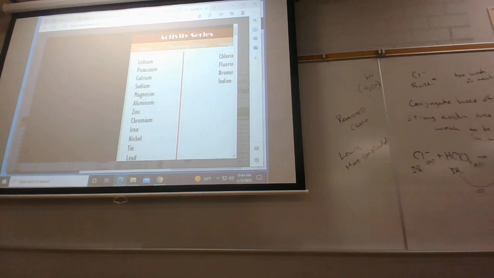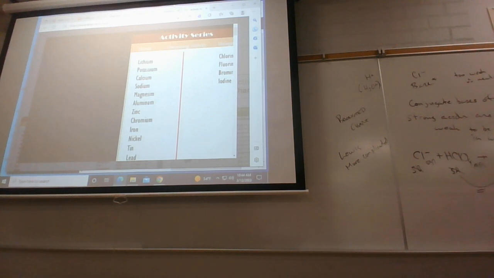Element plus element combination would be, let's say I wanted to make nickel chloride. I could just take nickel metal and react it with chlorine gas. What's the oxidation state of nickel metal?